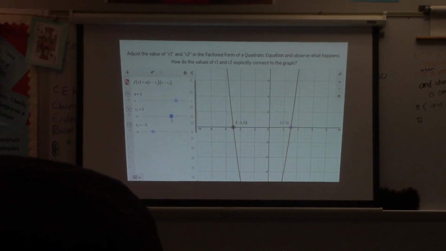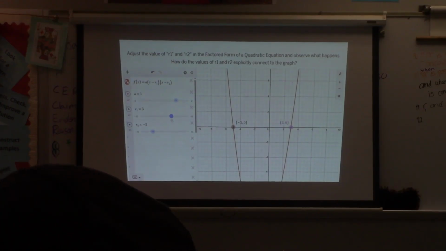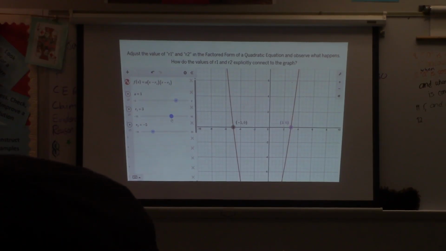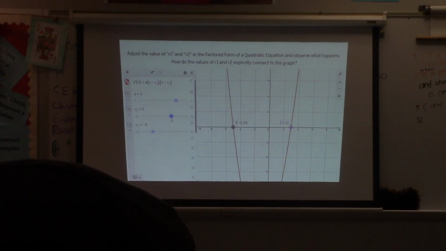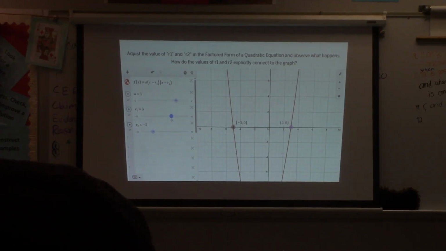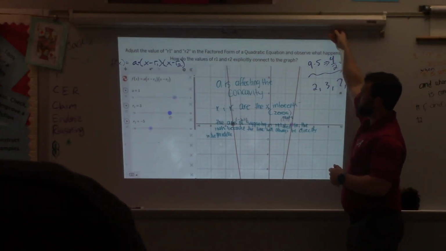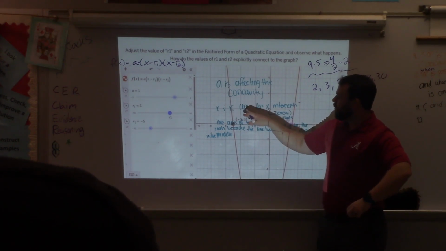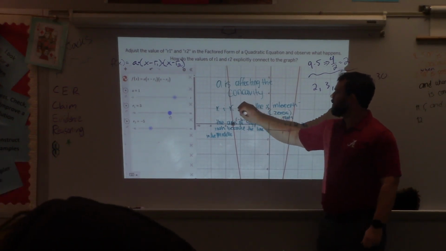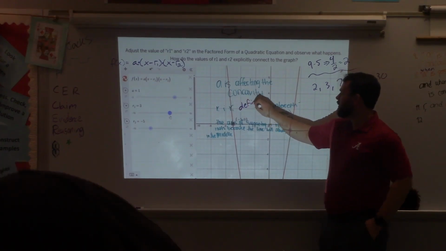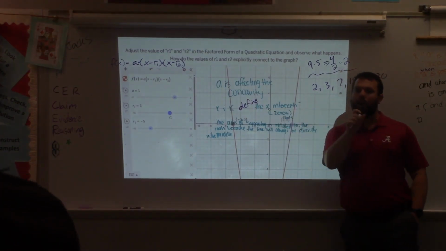Now, here's what I'm going to caution on, because even what I'm saying right now is not 100% mathematically accurate or precise, and you need to learn from this. It is true that R1 and R2 are controlling the x-intercepts. But I wanted y'all to see some language that Amaya was using, because she remembers some key language. I would say R1 and R2 define the x-intercepts, not quite the x-intercepts, and here's why.